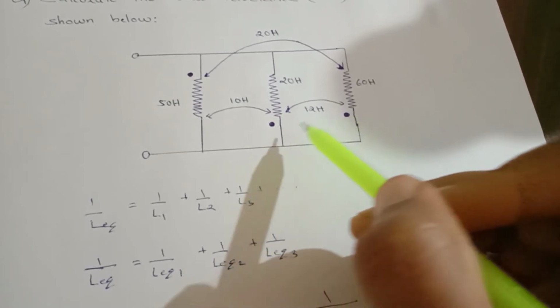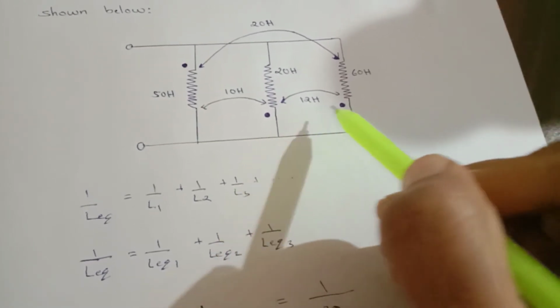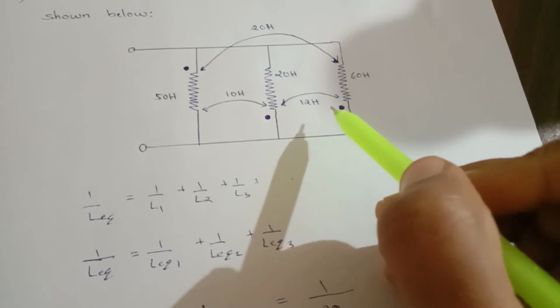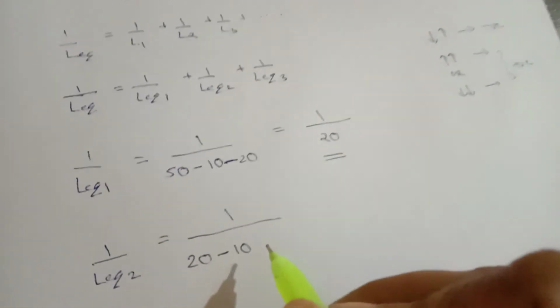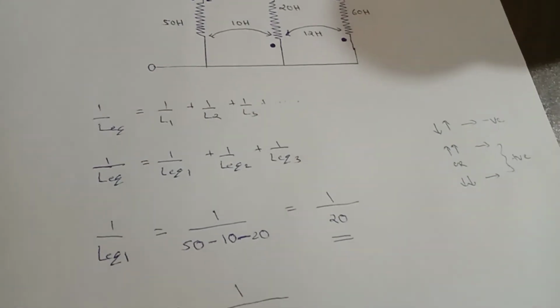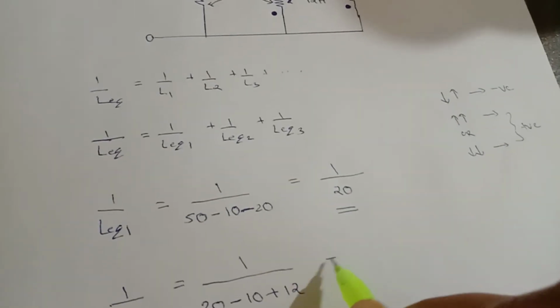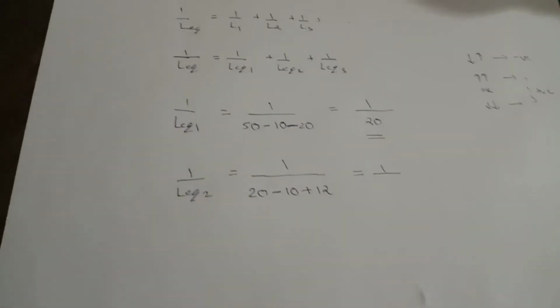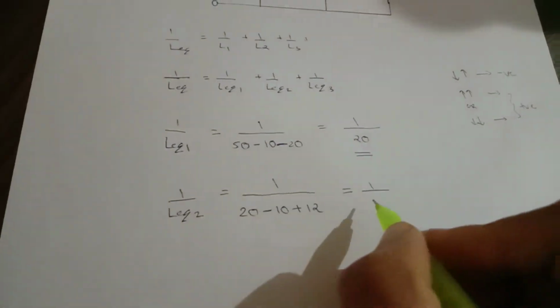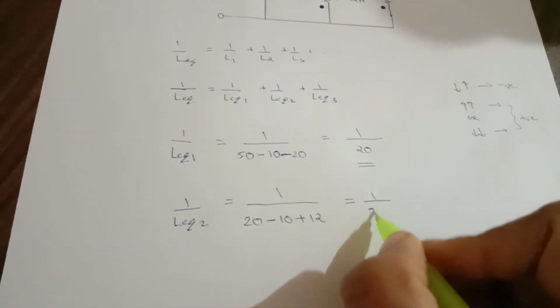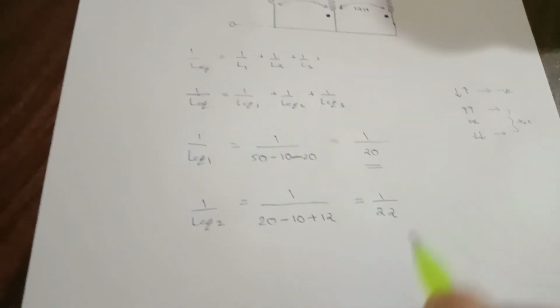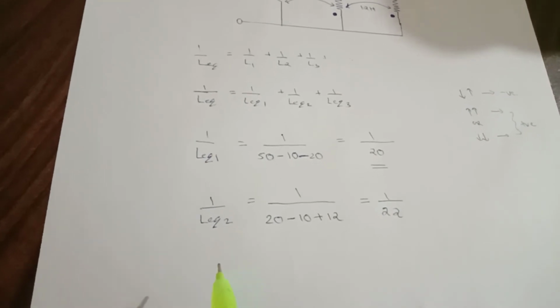So the mutual inductance we will write as plus 12. Okay, so you have to solve this. Here you will get 1 by 22. Now we got 1 by L equivalent 2.